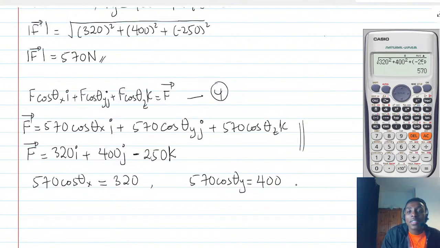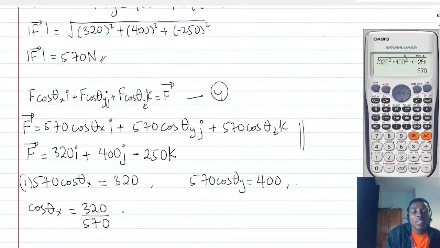And finally, let me take my time and do it one by one. So let's start with the first one, the x component. From here, I can say that cos theta x is 320 over 570.